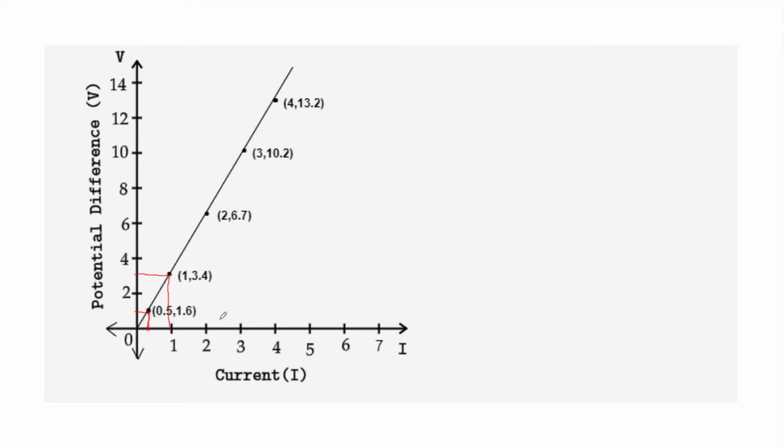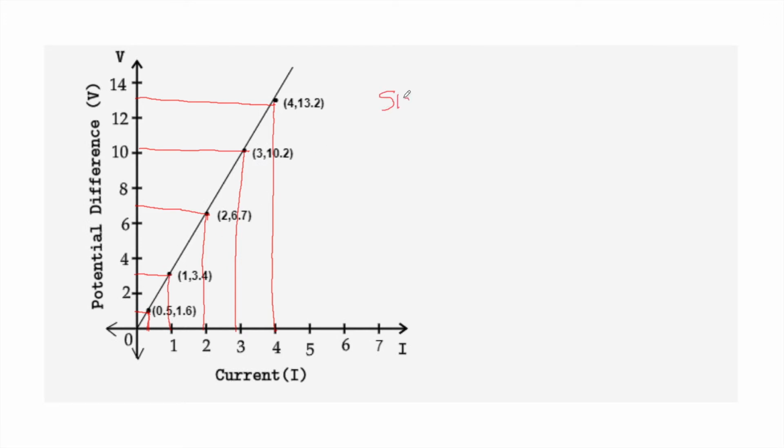In the next case potential difference it is 6.7 and the current it is 2. In the other case potential difference it is 10.2 and the current it is 3, and here 13.2 for the value of current 4. Okay, so we get a slope like this in this graph.